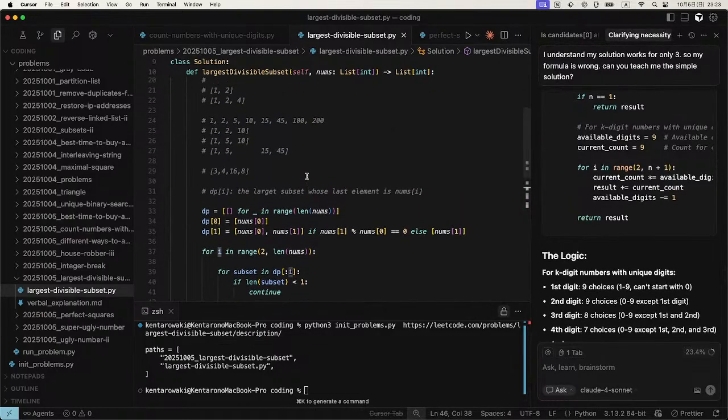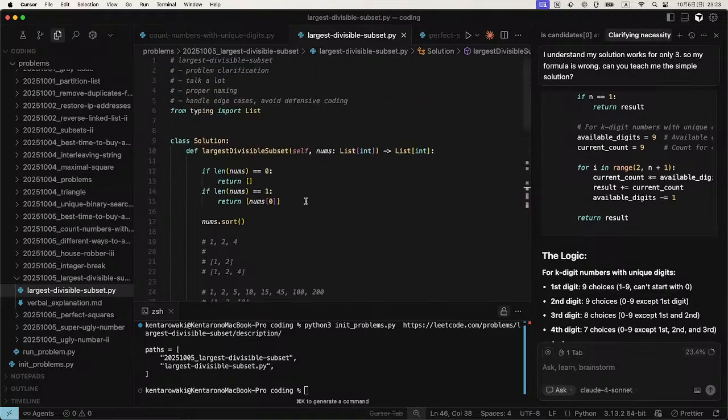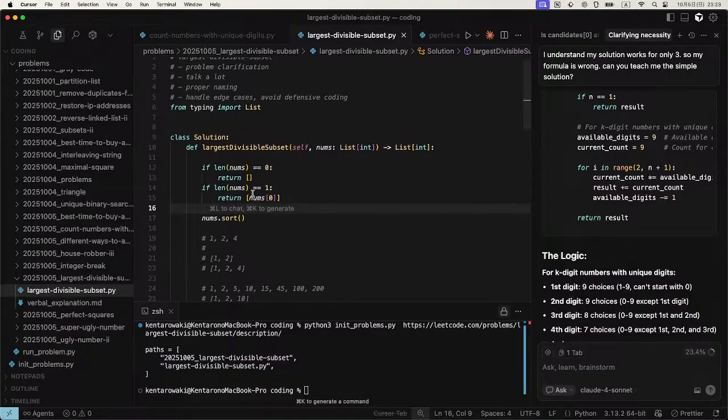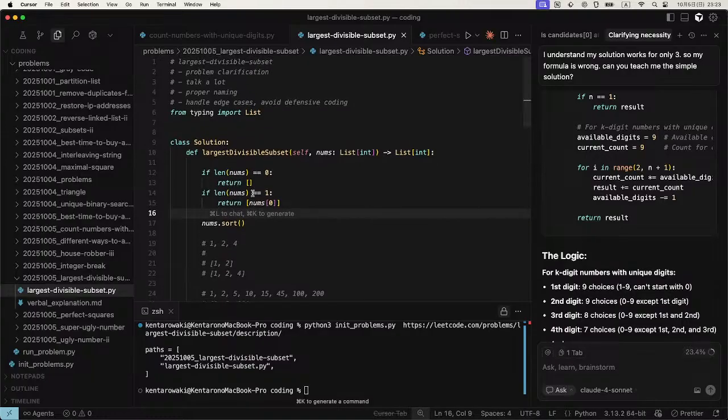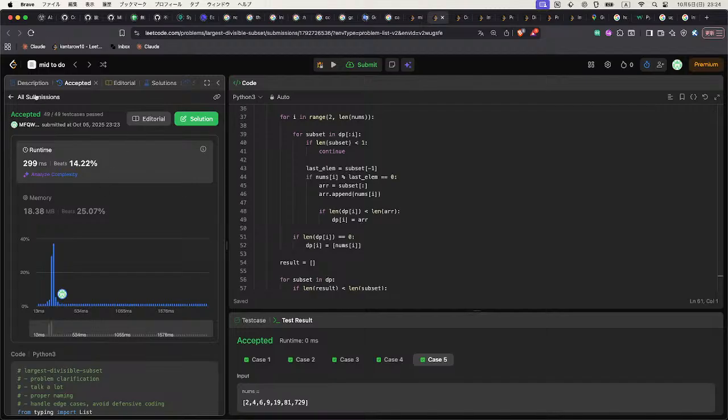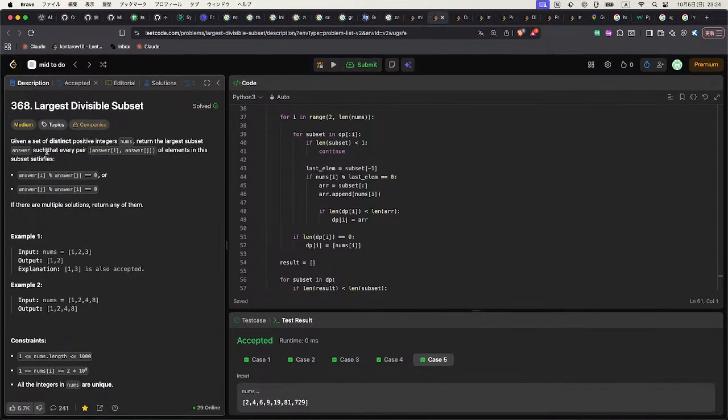Okay, so let's review. We handle edge cases here, and I misunderstood the condition. This is obvious, and about this, I thought I and j should be different, but it's not true.